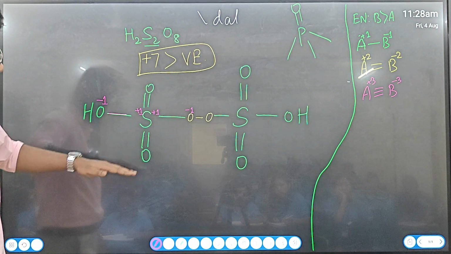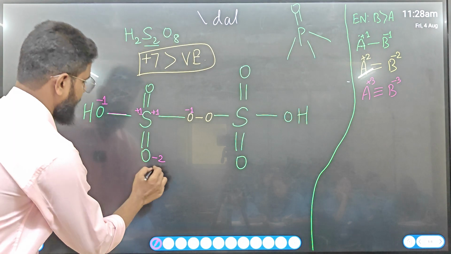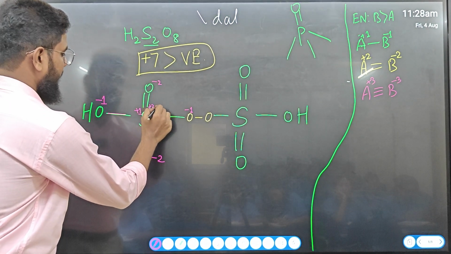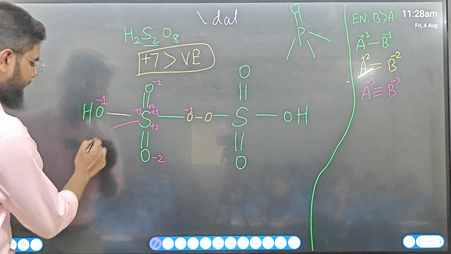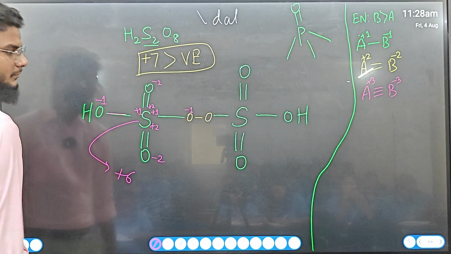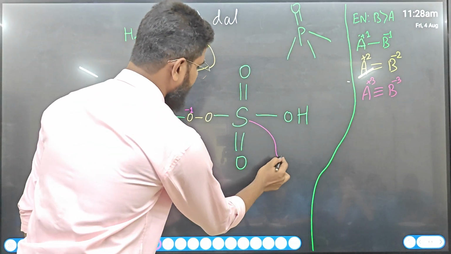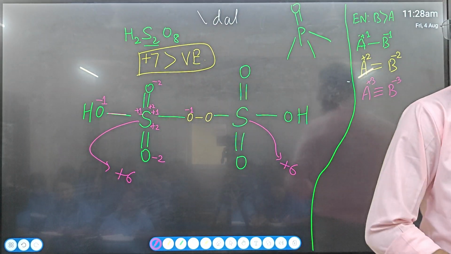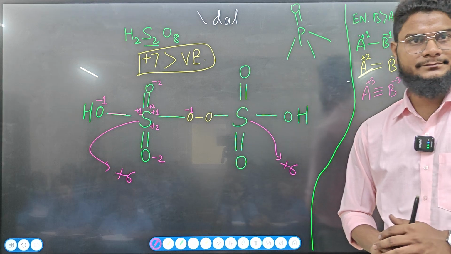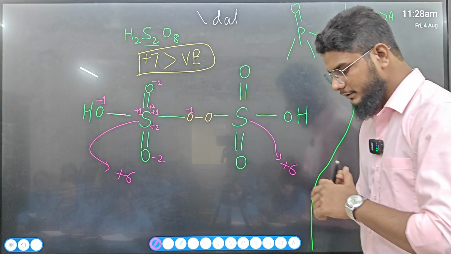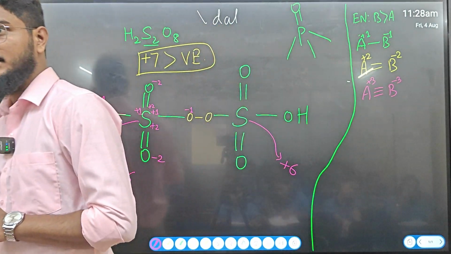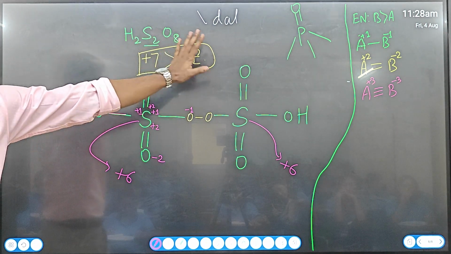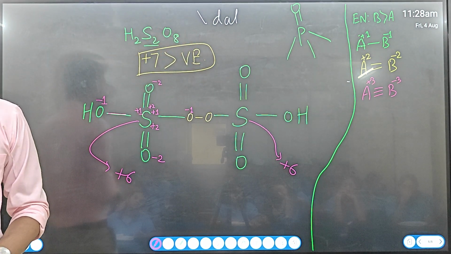Oxygen is more electronegative, so it has -2, +2, -2, +2. So overall charge +6. Same for this molecule also, +6. Here the oxidation state of sulfur is +6. No need to draw the structure all the time. Only when you have this condition do you need to draw the structure.